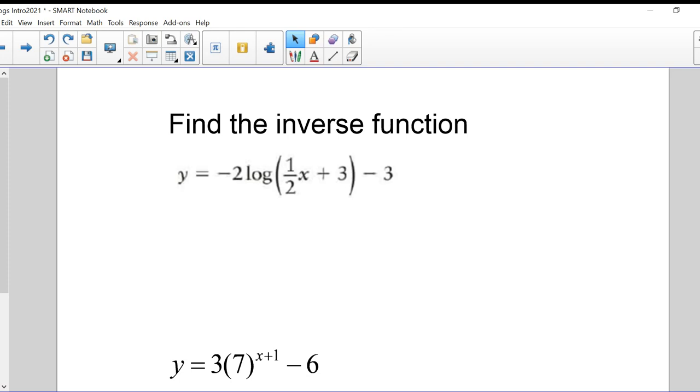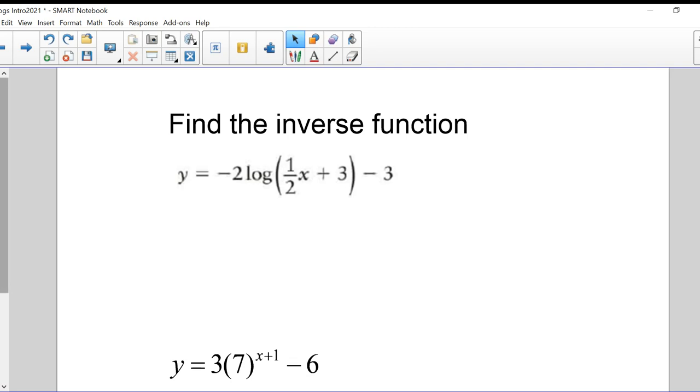If we were to graph both of these on the same axes, then one should actually be a reflection of the other across the y equals x line. So after I finish getting the inverses, we'll test it out by putting it in a graph and showing that that graph is a reflection of the original function across the y equals x line. So we'll try that.